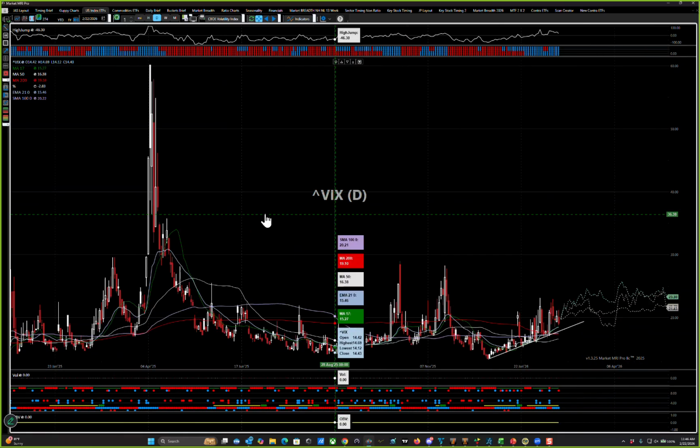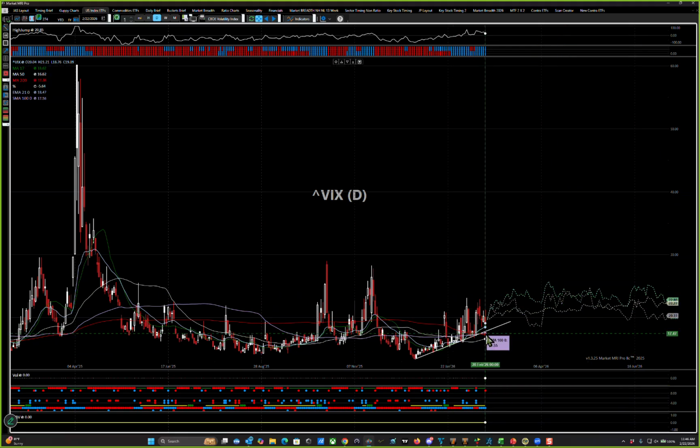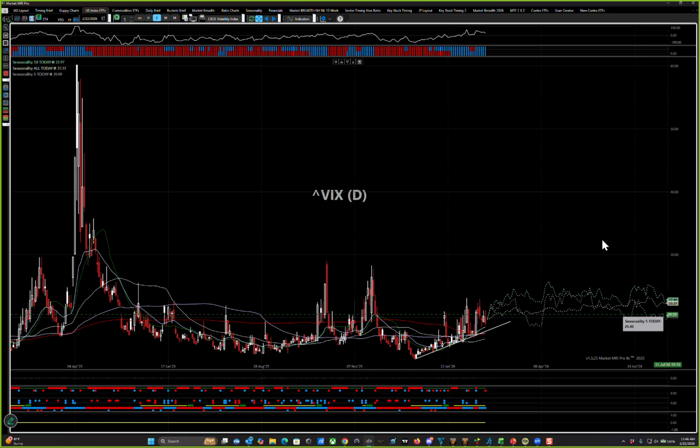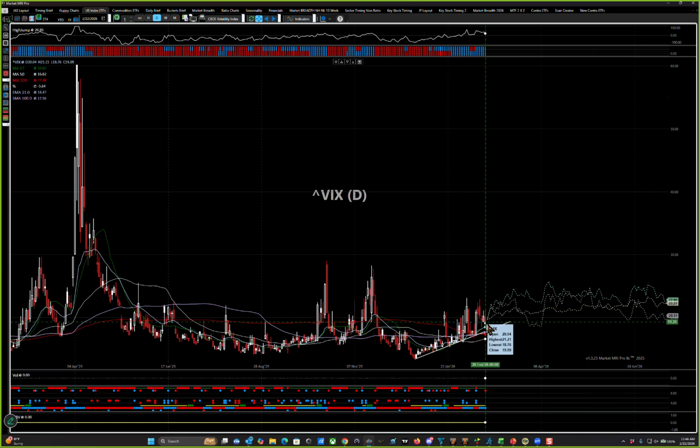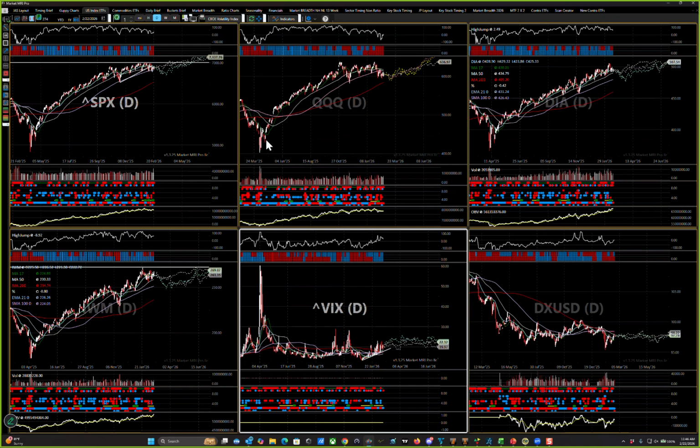Seasonality maybe I pay less attention to, but we're not coming down to resting. So even with a really good day in the market Friday, look at where we are in seasonality on VIX. And that's bothersome. The dollar right now is meaningless, I think. It's so far off its highs.